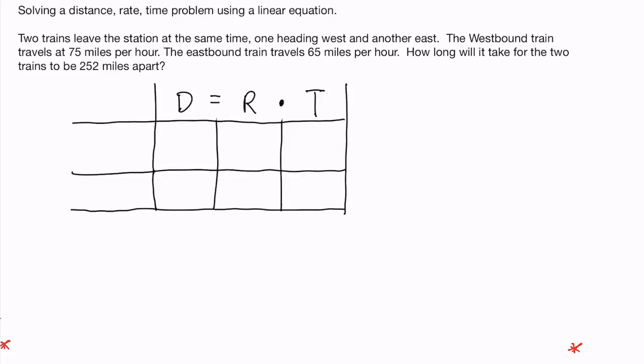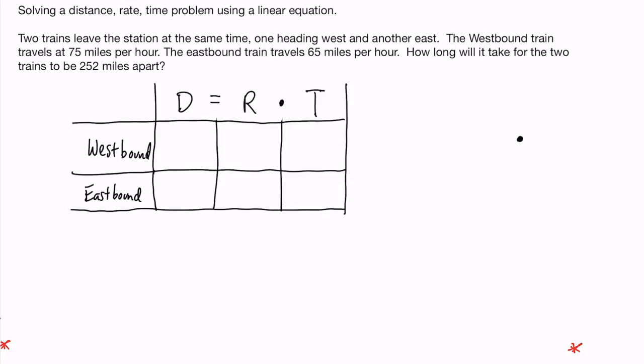Now what we're going to do is label one of our trains to be westbound and the other one eastbound. If you want to, you could draw a picture. So let's say our station is a dot. A station could be the origin. And we have one arrow.